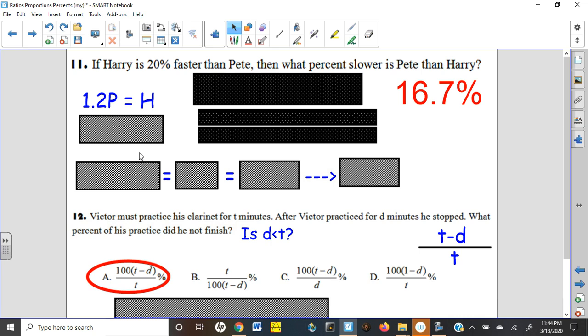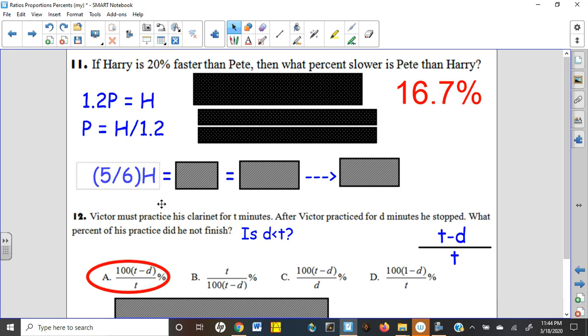Now, what a lot of people will just say is, well, if Harry is 20% faster than Pete, then Pete is 20% slower than Harry. But when we switch the orientation from one person to the other, the total changes. So I'm not dealing with a total anymore of 100%. I'm now dealing with a total of 120%. And so to solve for Pete's relation to Harry, I have to actually divide by 1.2, which is like dividing 1 by 1.2.